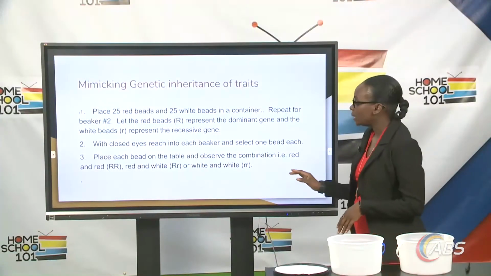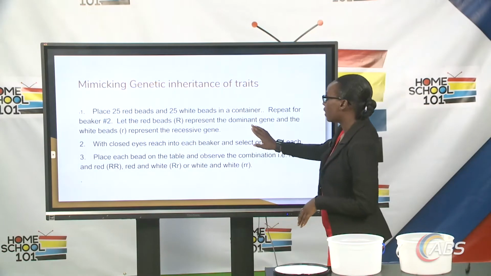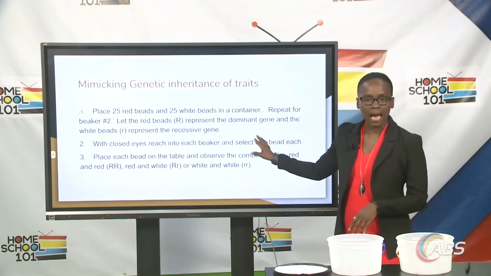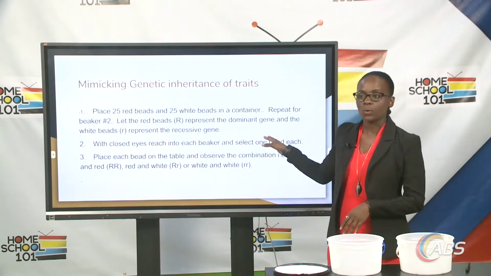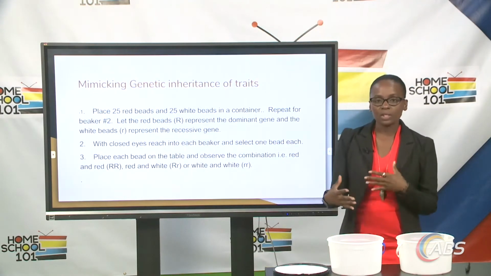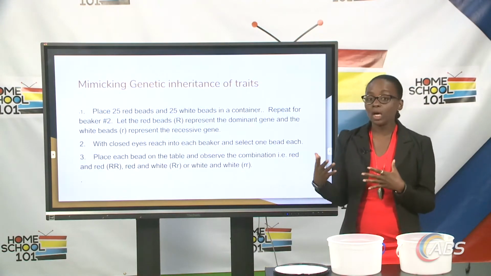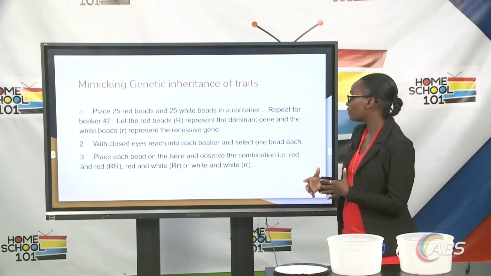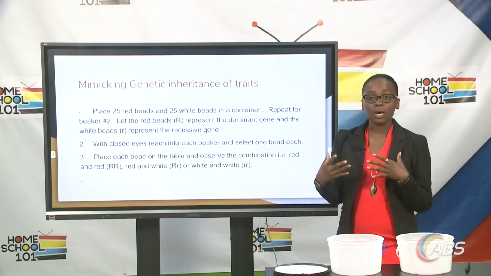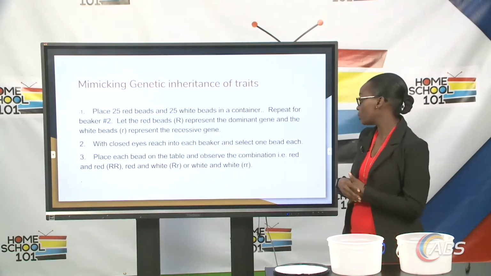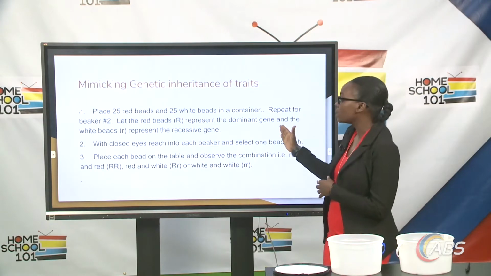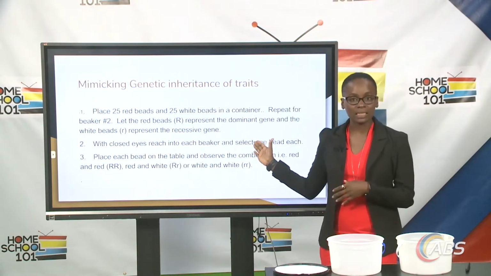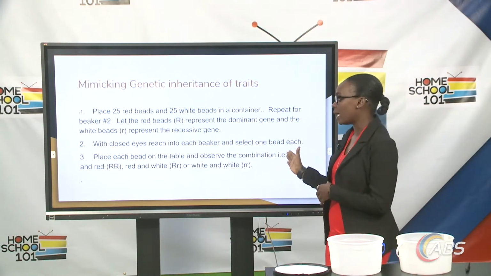The red beads are the ones that represent the dominant allele. So whenever we have a combination of red and any other color, we would have the dominant gene being expressed in the phenotype. And the white beads are representative of the recessive gene or the recessive allele.